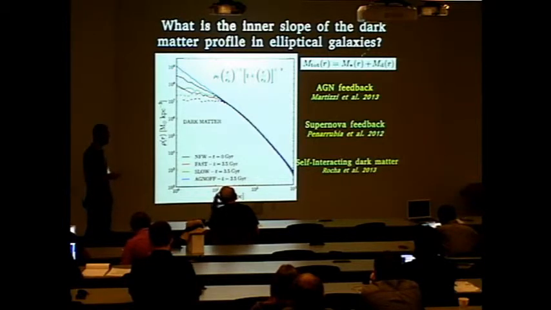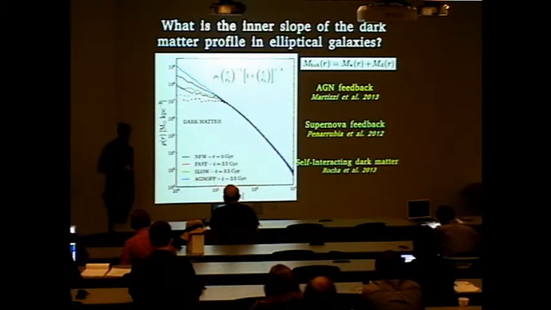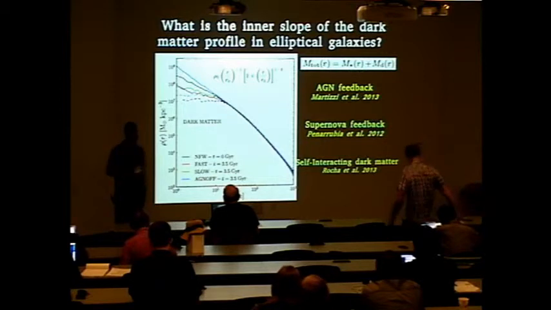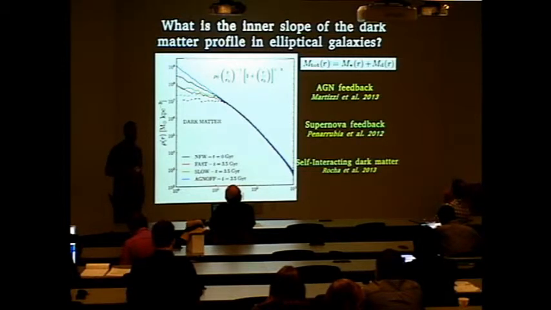However, we still want to try to measure, and see if and at which level we can measure, the inner slope of the dark matter profile. You can also form cusps and cores in elliptical galaxies, very similar to dwarf galaxies, but instead of supernova feedback you have AGN feedback, which can create cores in the centers.